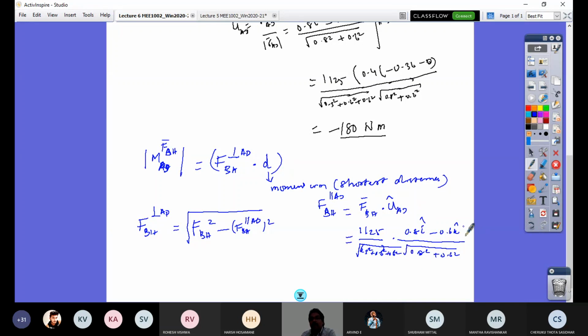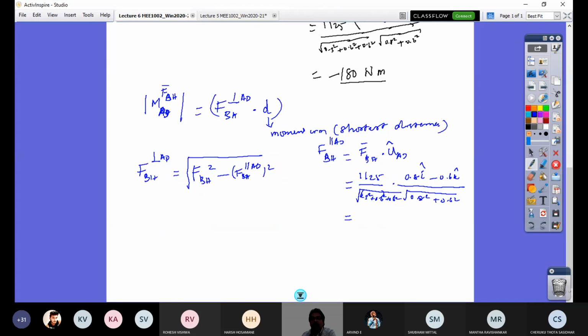So this entire thing gives me the magnitude of this component. It's a scalar product. What is the value that you get? Can anyone solve and tell me?